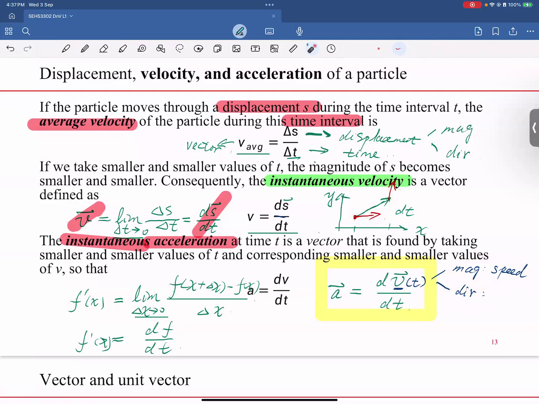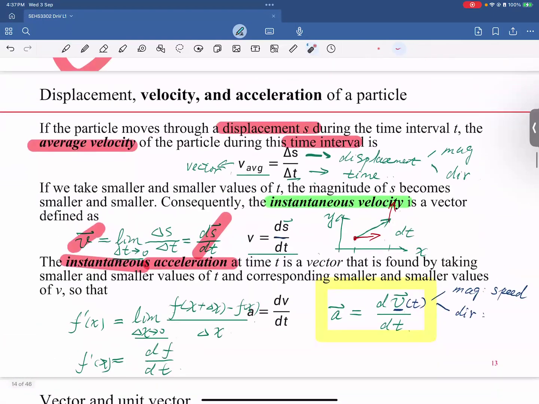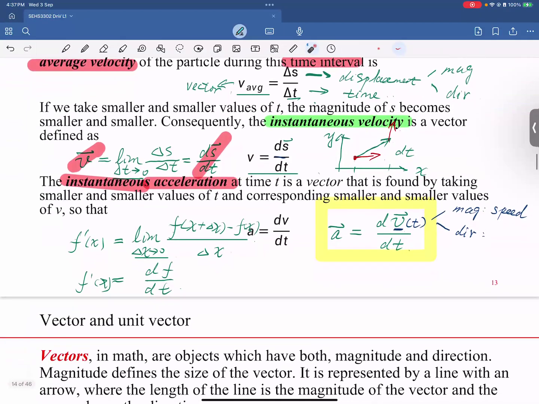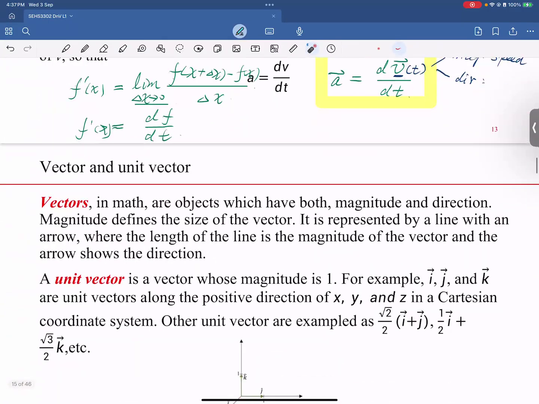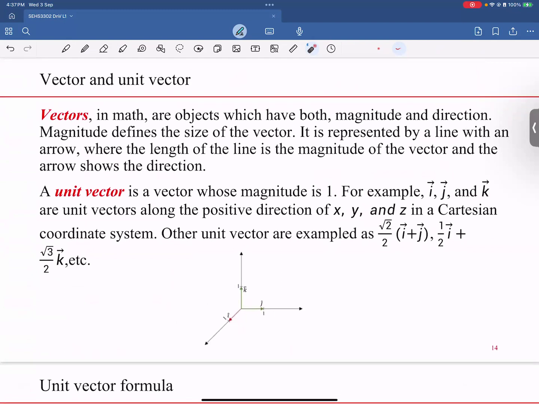And next class we'll discuss how to study such kind of velocity. Okay? And later we will use some mathematics to get familiar with vectors.